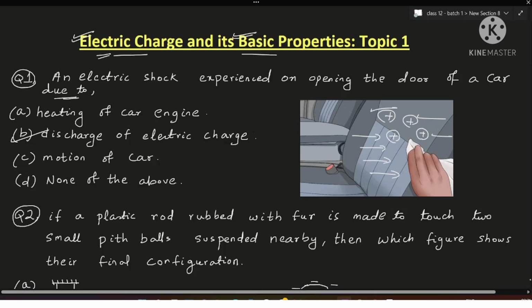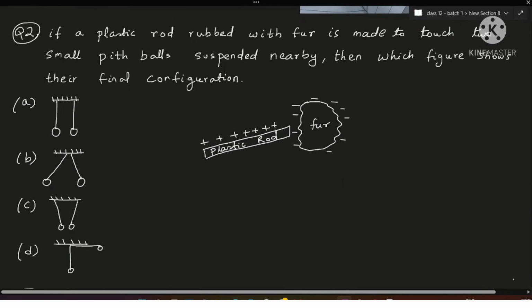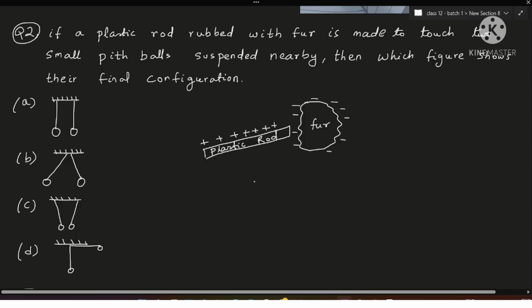Now let us move to the next question. The next question is, if a plastic rod is rubbed with fur and made to touch two small pith balls suspended nearby, then which figure shows their final configuration? Okay, so here you see, suppose two pith balls are suspended from this point, and now when we rub a plastic rod with fur, then the plastic rod attains some charge due to the friction.